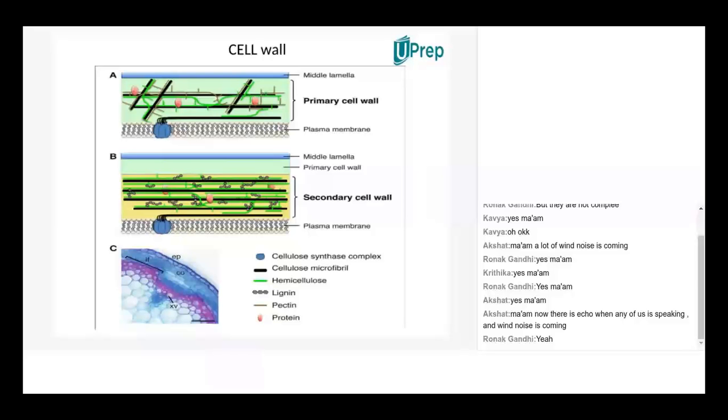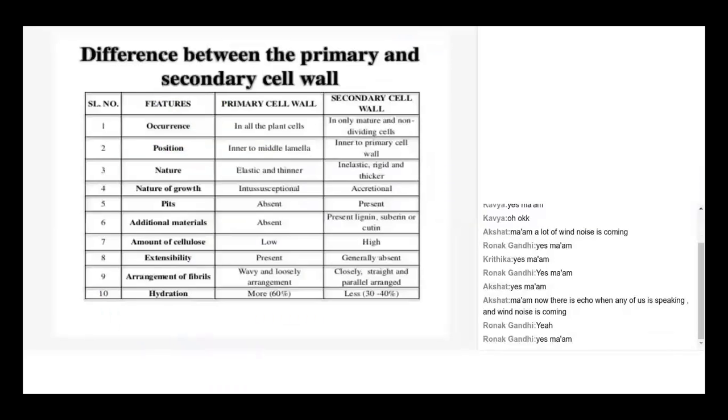So here, the use of these cell wall materials for a plant cell is nothing but to give mechanical protection and tensile strength to the plant. When we go for the specific differences between primary cell wall and secondary cell wall, when you take the primary cell wall, the primary cell wall basically is inner to the middle lamella.